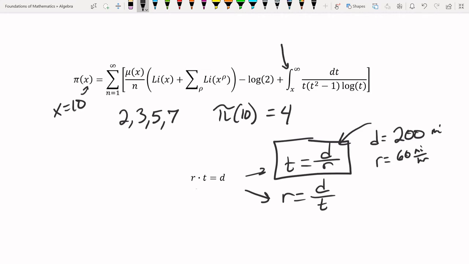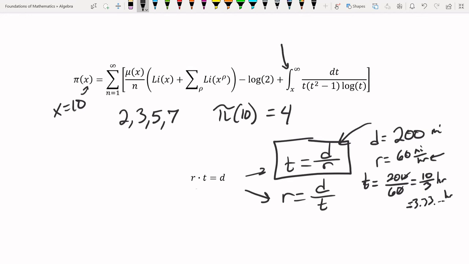To solve for time, all we have to do is plug in the numbers for the variables, 200 over 60, and then use PEMDAS to solve. In this case, it's quite simple because it's just division. But if it's a longer expression, we would use PEMDAS to actually solve it. You could say 10 over 3. This is going to be in hours since our rate's in hours. You could also say 3.33 repeating hours.